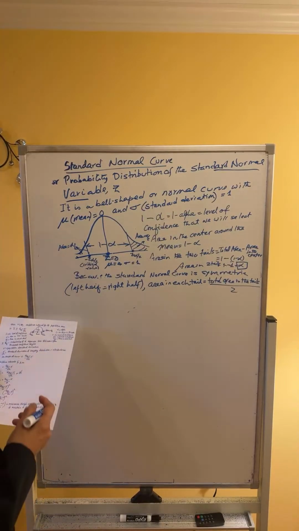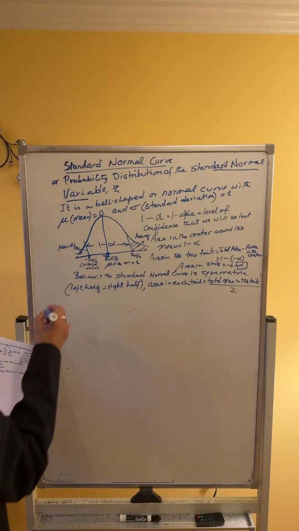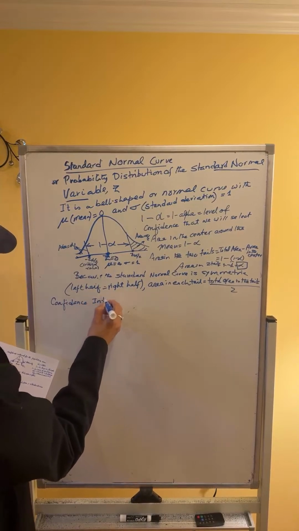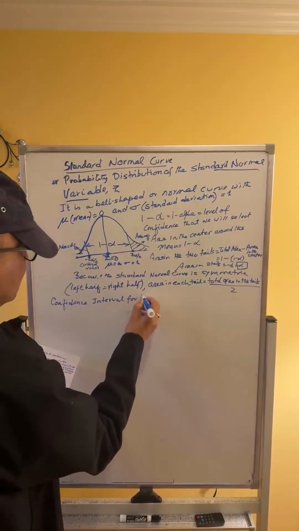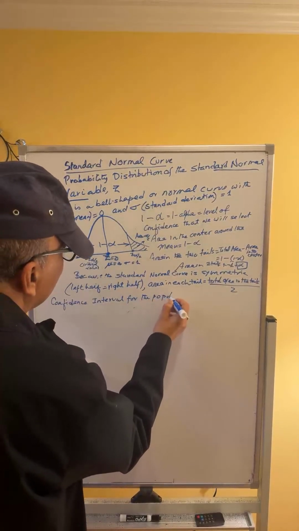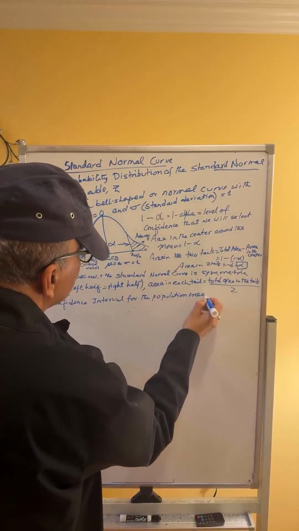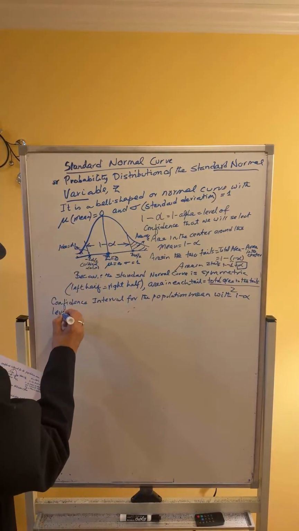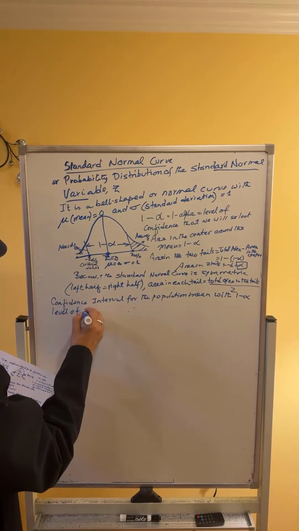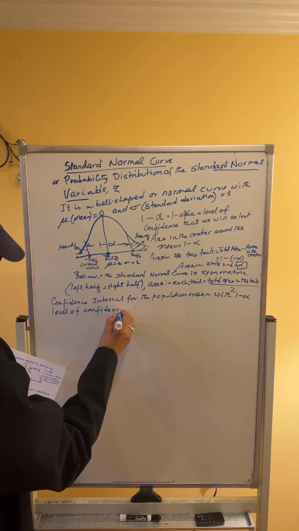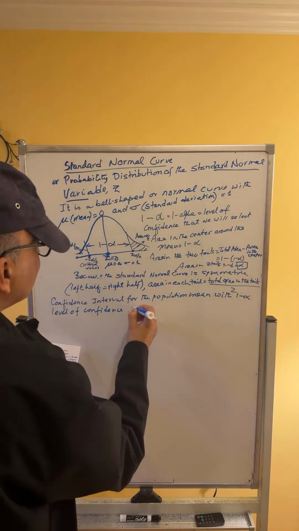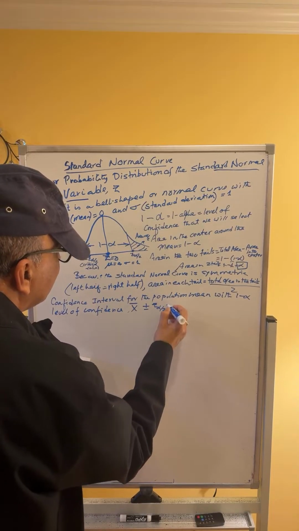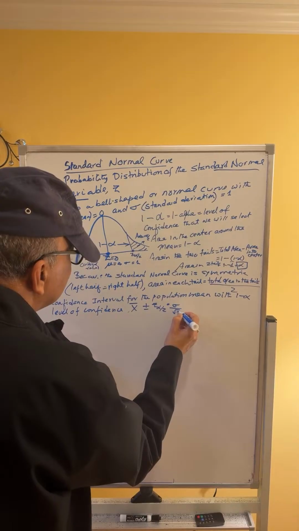So previously we have established that the confidence interval for the population mean with 1 minus alpha level of confidence, remember, that's the area in the center around the mean, is given as x bar plus or minus z alpha by 2 multiplied by sigma divided by square root of n.